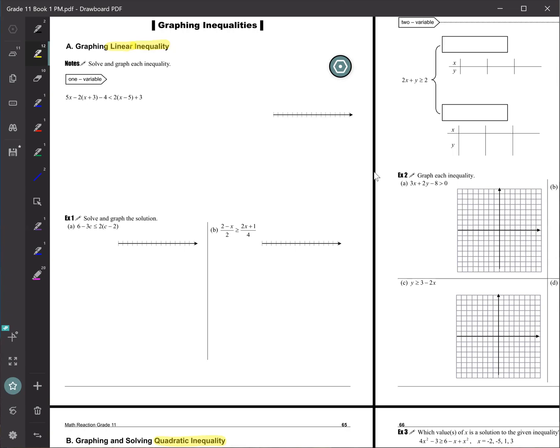Okay, and then under each of the inequality, we have also two parts. One is the one variable, the other one is the two variable. One variable means you only see x, okay, and two variable, well, both has both x and y.